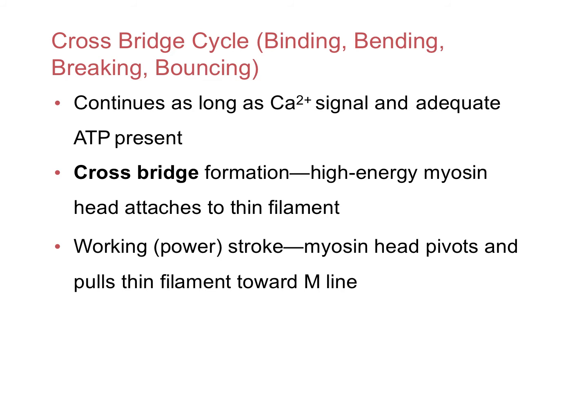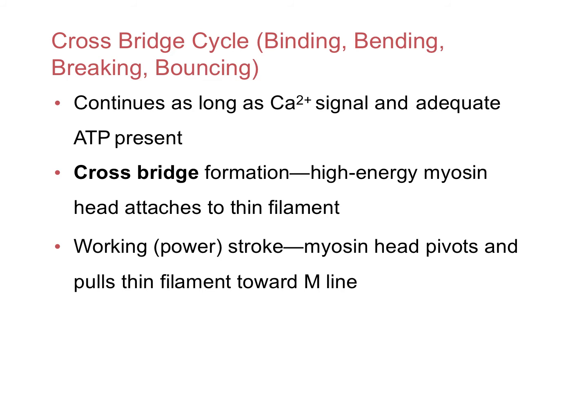As long as the stimulation is there and calcium is present and enough ATP, this cycle will continue. This is called the crossbridge cycle, 4 steps of binding, bending, breaking, and to keep the alliteration bouncing, it bounces to the next available site.